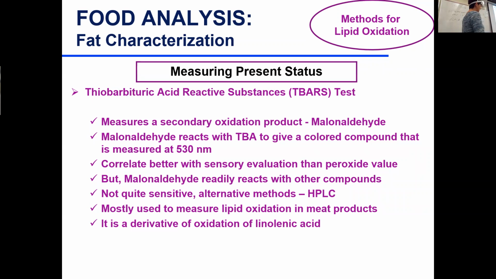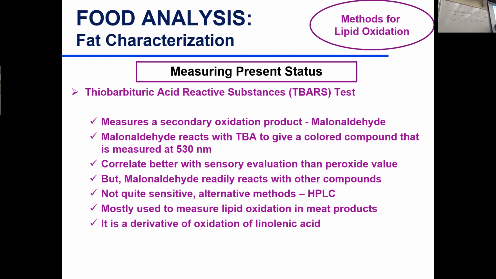And this reacts with TBA and gives you a compound that you can measure at 530. It correlates better with sensory than peroxide. Any method for secondary oxidation correlates better with sensory than peroxide value does.